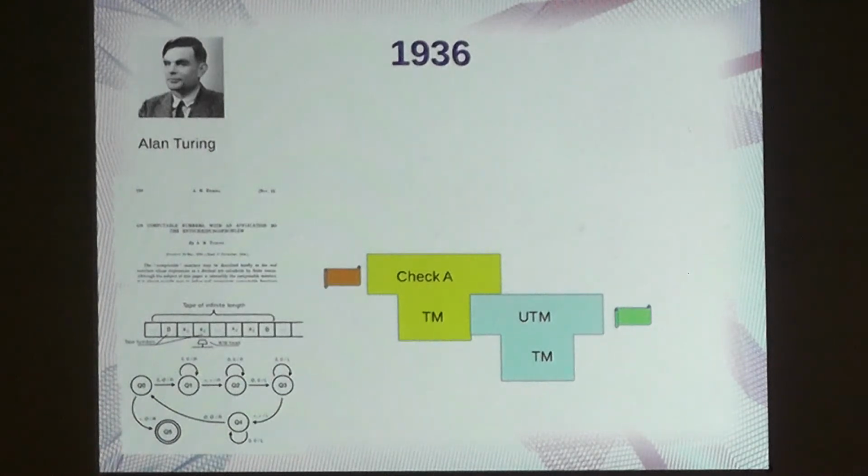So how can it input another Turing machine? You can encode it on the tape. The tape is infinite, so if I add 5,000 cells to it so that I can somehow encode the yellow Turing machine, well, it's still infinite anyway.